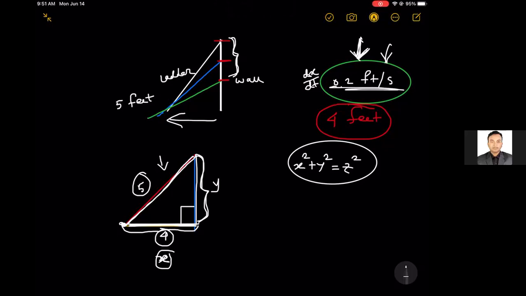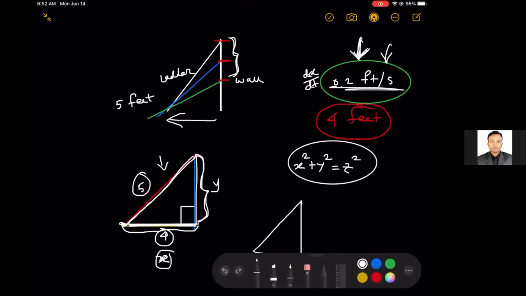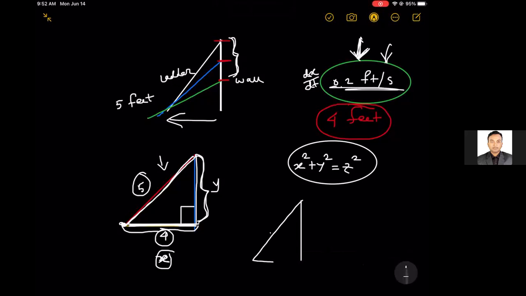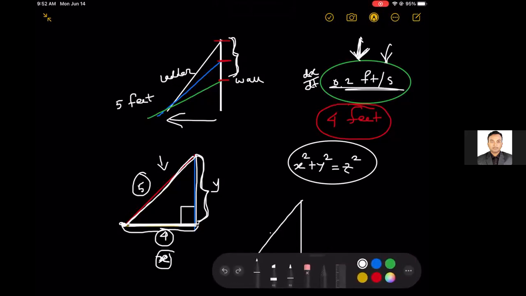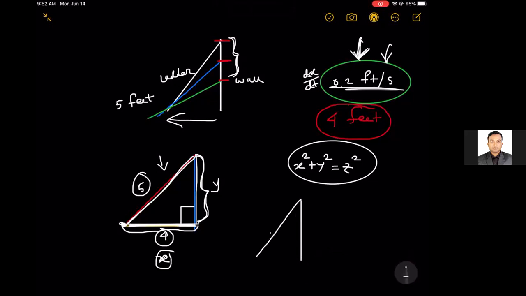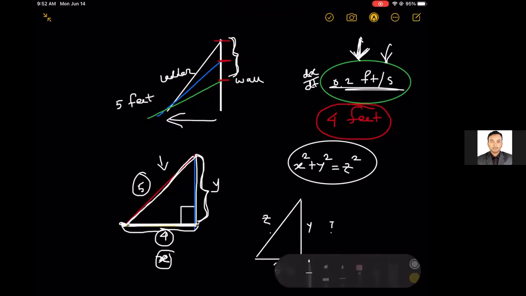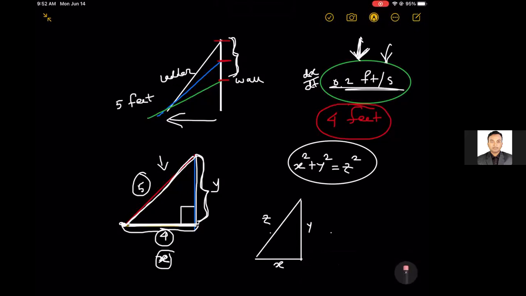Okay. Now we have the Pythagorean theorem. We do it separately. We know this length z. We know this length x. We don't really know this length y, but we're not really concerned about that anyway.